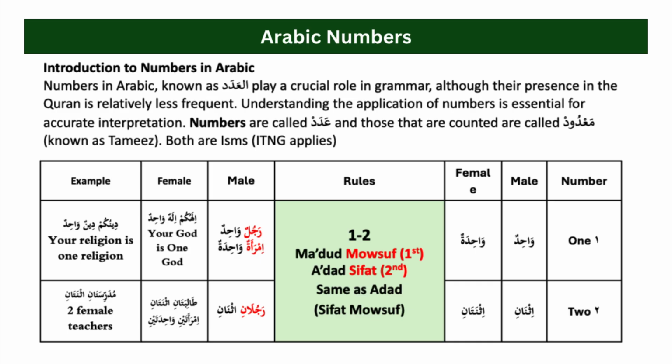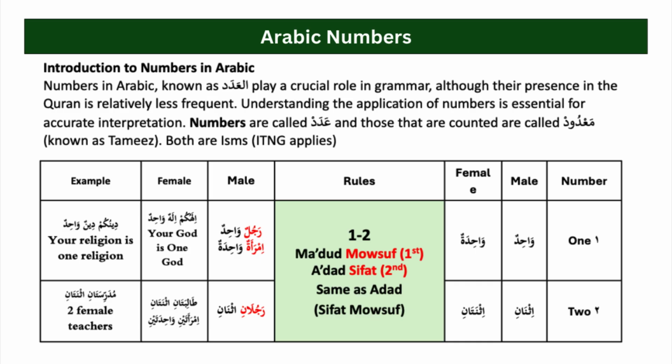Then the examples show rajulun wahidun, one man, imra'atun wahidatun, one woman. So students should notice the number follows the noun and agrees with it in gender. Then another Quranic type example is given, dinukum dinun wahidun. Your religion is one religion.